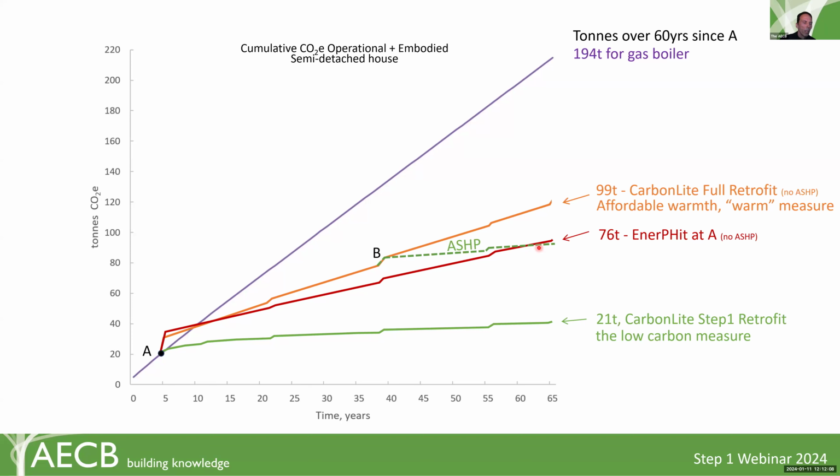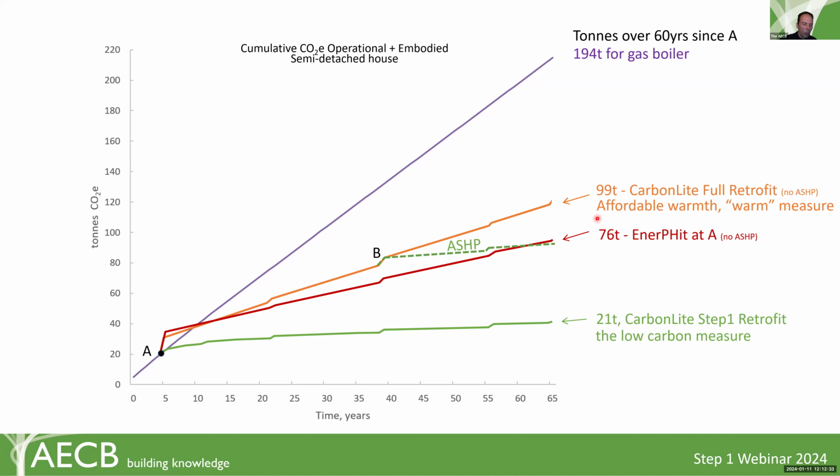And the sooner you can do that, the better. In fact, this option here, where you're primarily doing the full retrofit first, and then you're adding the heat pump, this leads to the mid-range outcome.